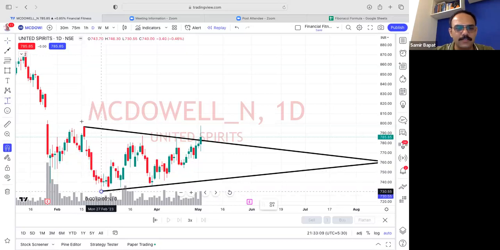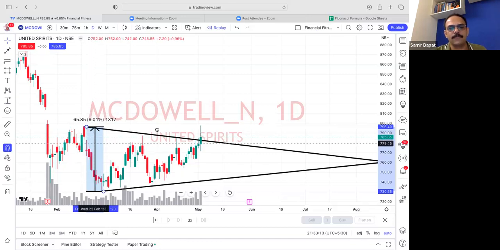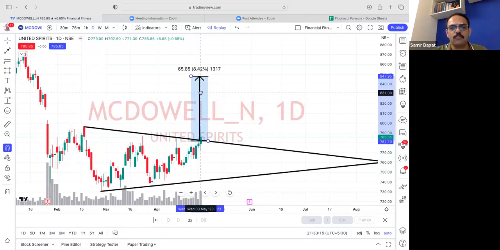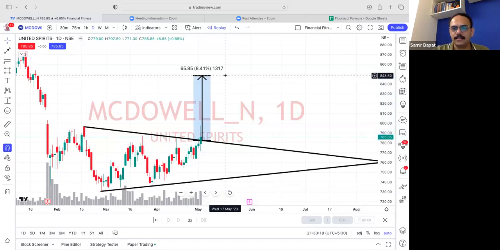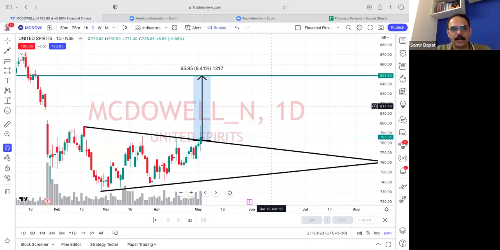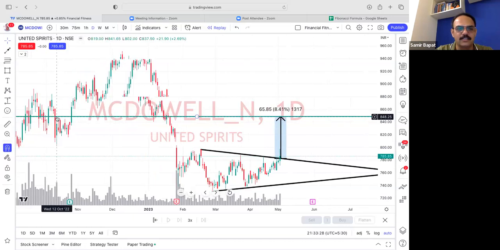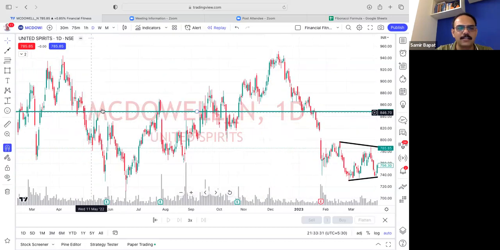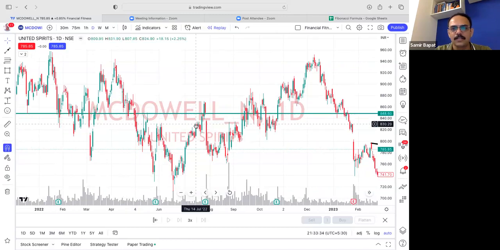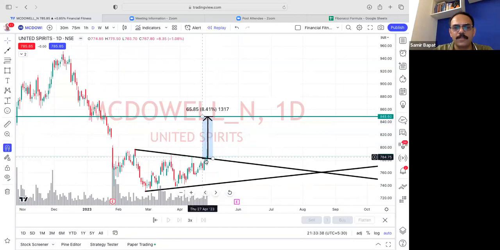Let's see the width of this triangle, what I had shared earlier. From here to here, is it matching with the resistance? Yes, it is matching with the resistance. So there is a possibility that it might go from here to here.